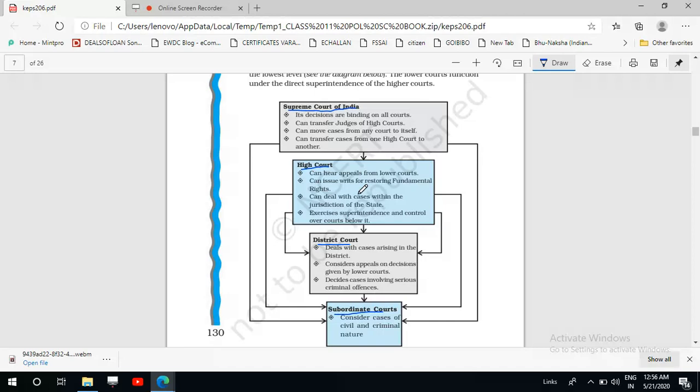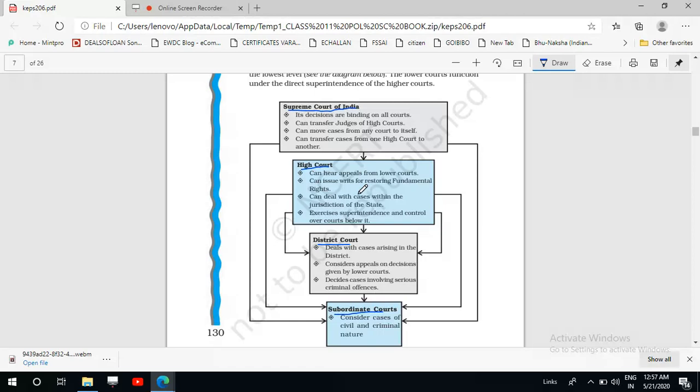If it is felt that whatever judgment is going to be given in a particular case, the whole trial which is going on in a particular high court of a particular state can be influenced because of some circumstances in that particular state, then the Supreme Court can transfer the case from that state to another state, so that the trial can be done in a more free atmosphere, and judgment can be delivered in such a way that justice is not hurt.